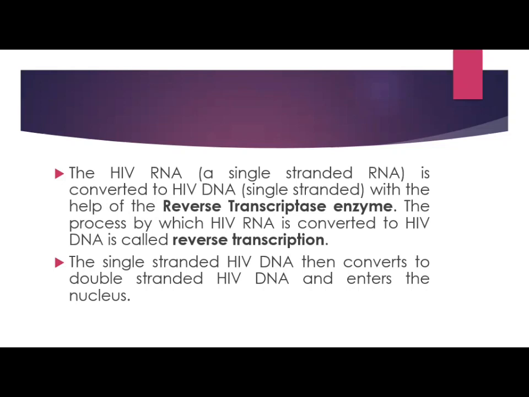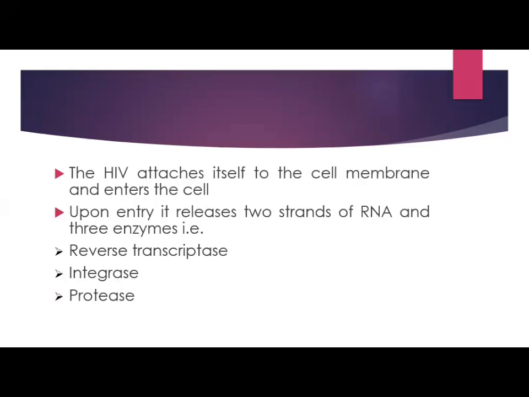So once that happens, it means the HIV DNA is almost the same makeup as the DNA of the cell, because it also has a double-stranded DNA. So both DNAs can now easily be compatible and mix. After it changes to double-stranded HIV DNA, it can now move into the nucleus of the cell.